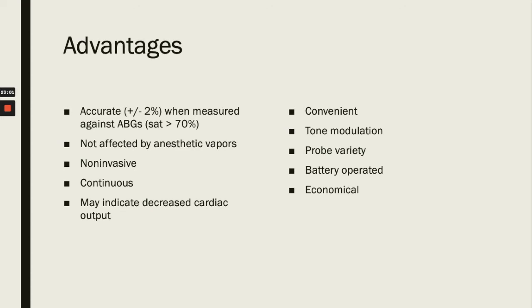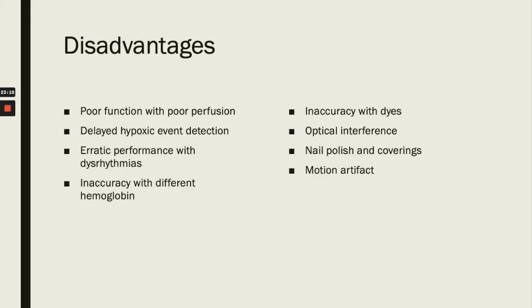And it's economical. They've gotten a lot more inexpensive as time has gone on, as technology seems to do. Initially, when they were introduced in the 80s, they were quite expensive, but as time has gone on, the expense has gone down.